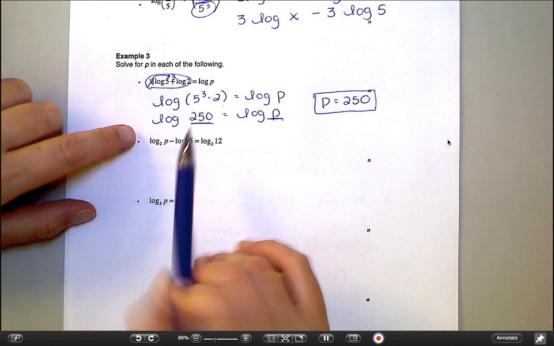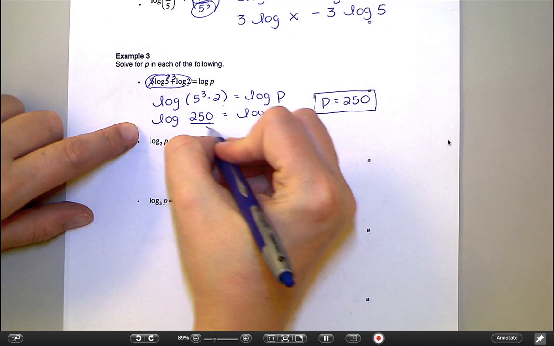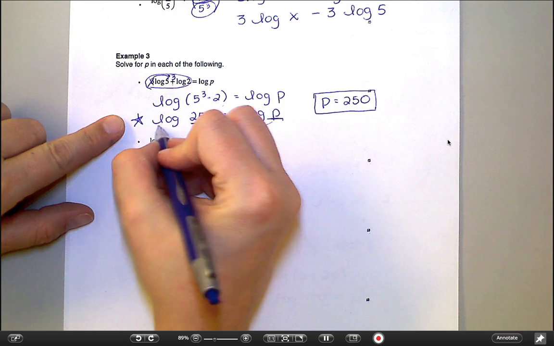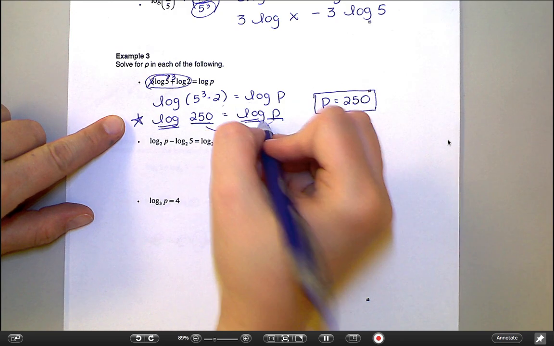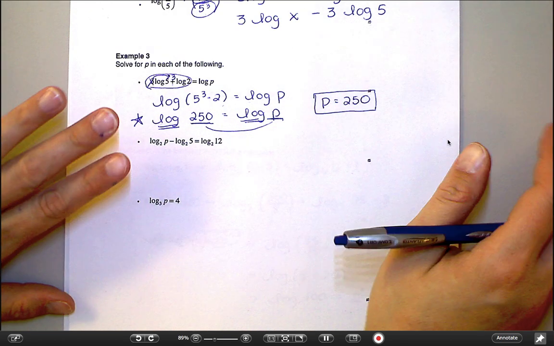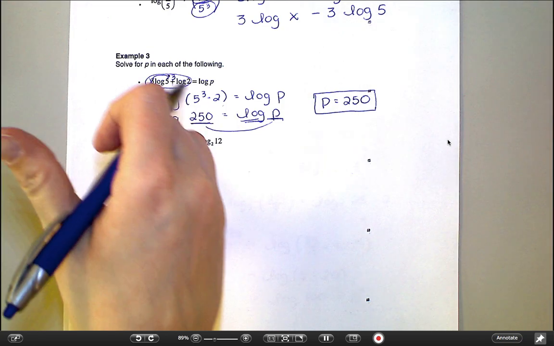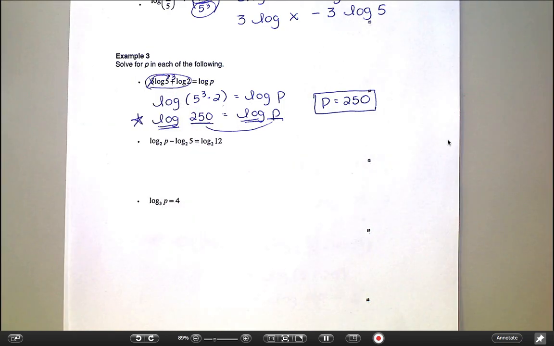You can't really do this step where you put the two things equal to each other until you get to the point where you have a log equal to a log and no other junk, okay? If you still have other numbers or other operations inside there, you can't start dropping logs out of the equation. This only works when you get to the point where you have log of something equals log of something else.